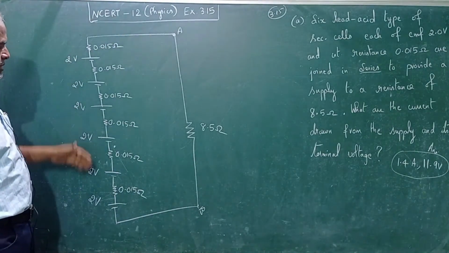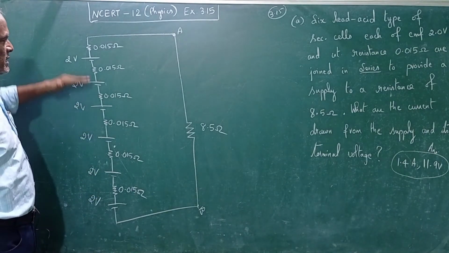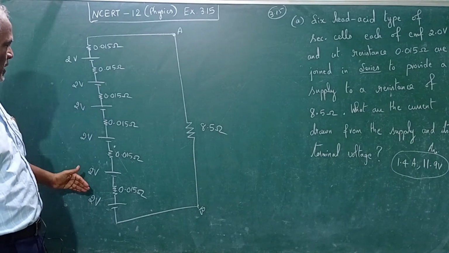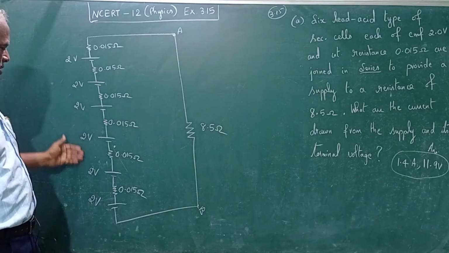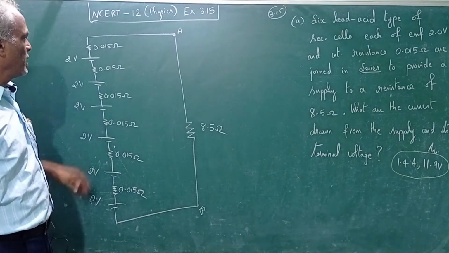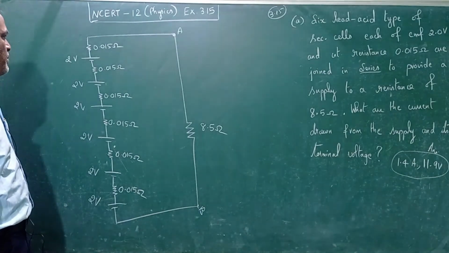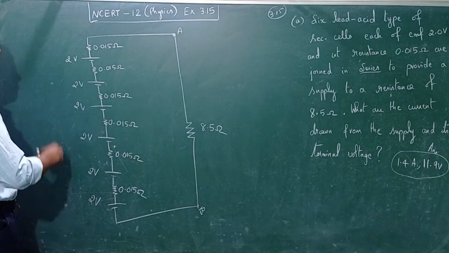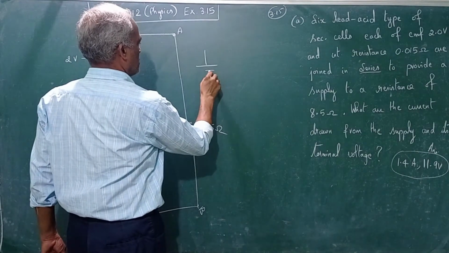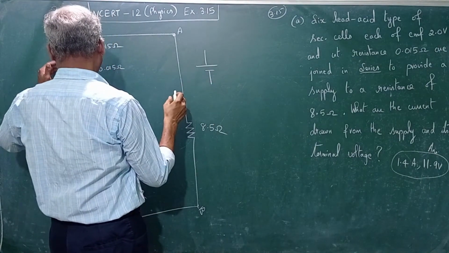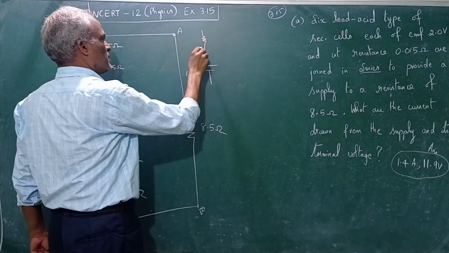Now if you carefully observe, all the cells are connected in series, therefore we can add the voltage. So this will become 2, 4, 6, 12 volts, and all the resistances are connected in series. That is, this entire setup can be redrawn like you are having only one cell which is having a value of 12 volts, and you have a series resistance.